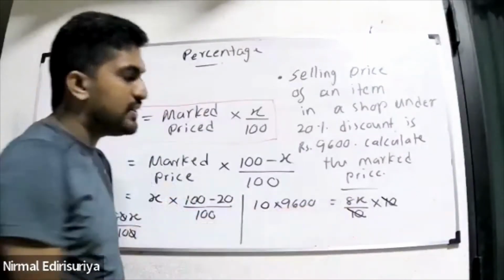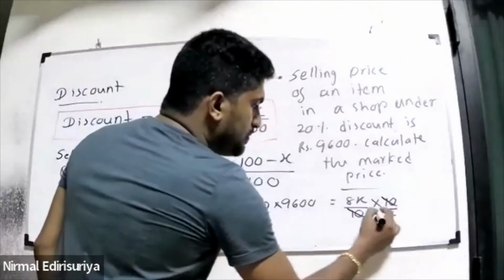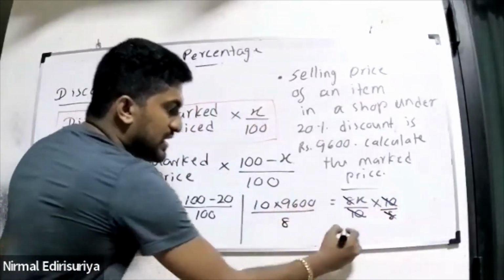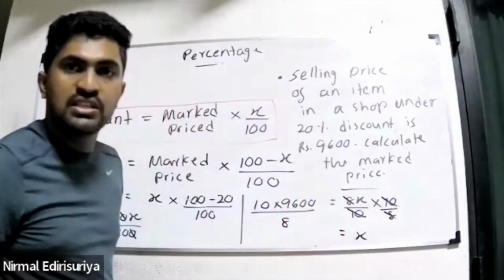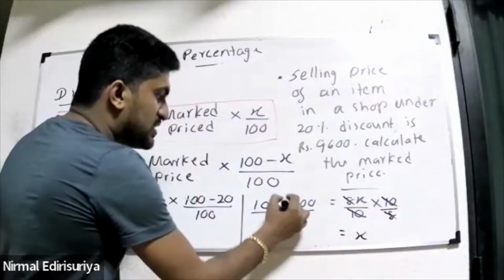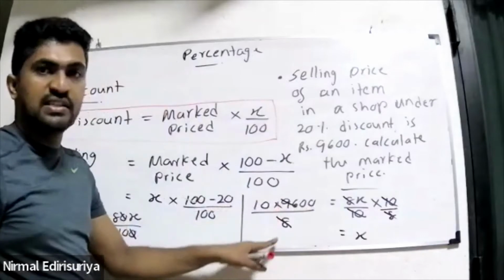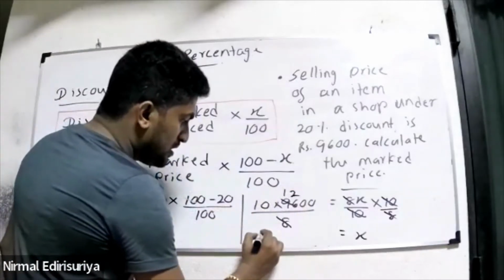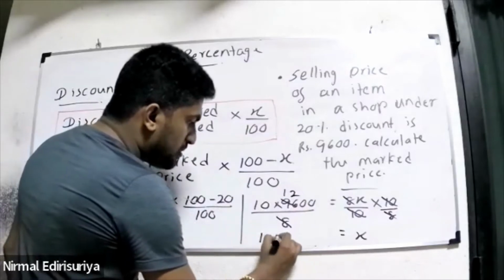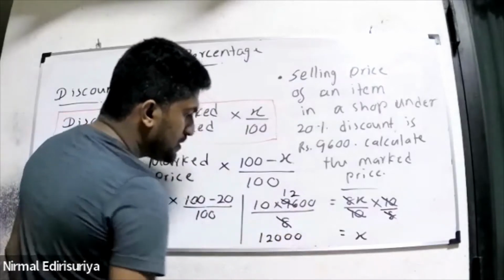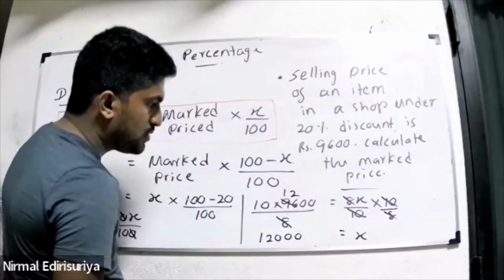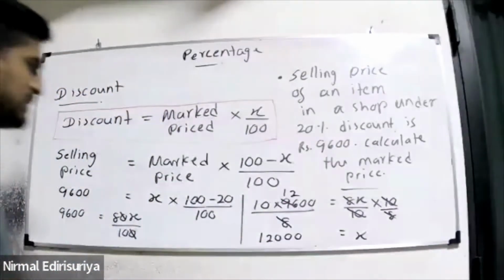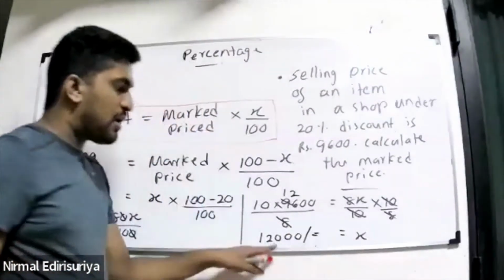How to remove 8? Divide. 8 to 8 cancel, and this side also divide by 8. Then x is the subject. How much is x? 8 to 96 you can cut, 12. So it is 12,000. The mark price is 12,000.